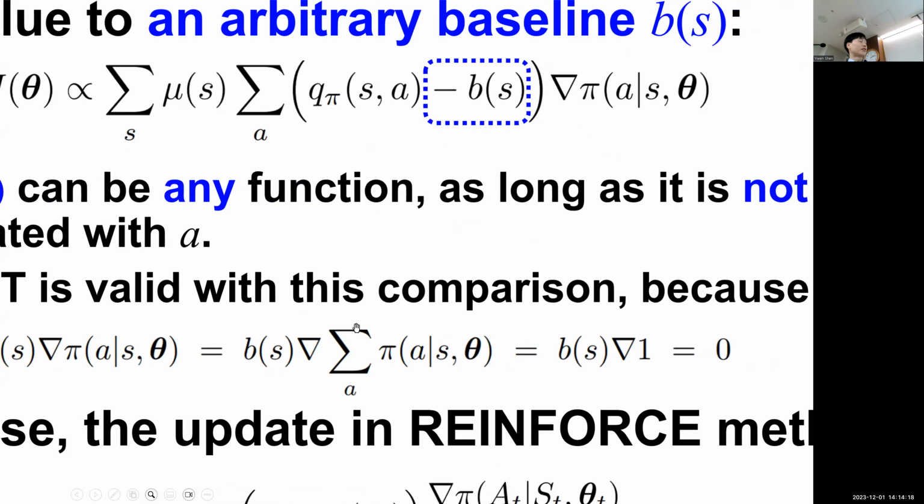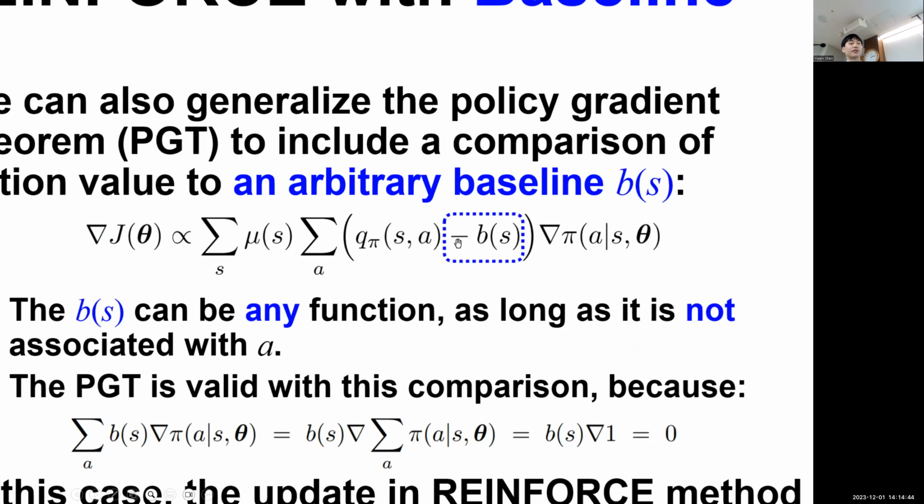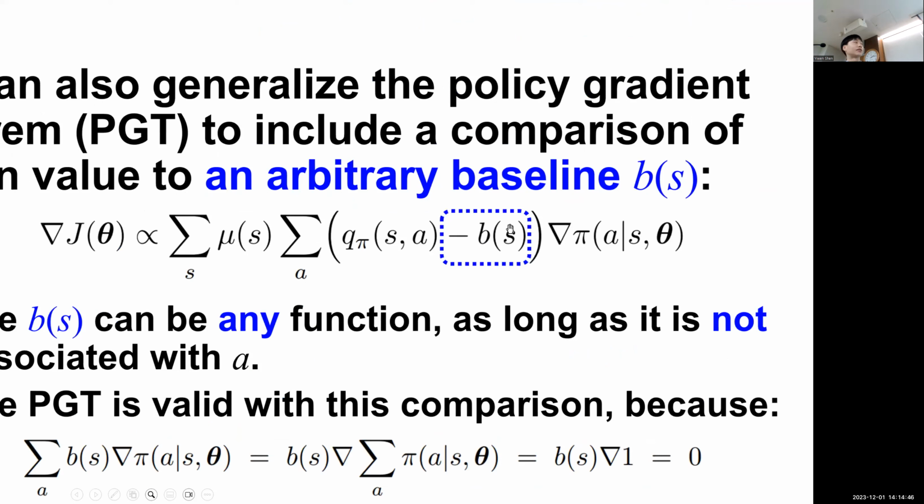If you take the gradient of pi theta, it just sums to 1, because it covers all the possibilities over a. Then the gradient of 1 equals 0, and 0 times any number is 0, right? That's why we can safely add this baseline after the action value, minus b(s).